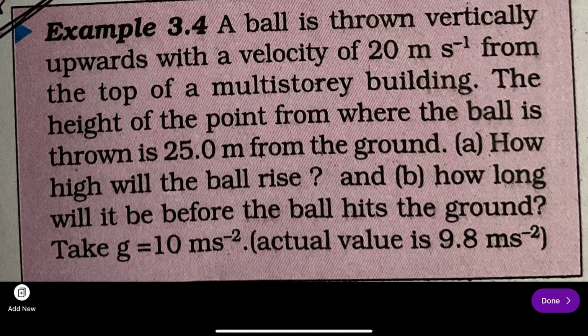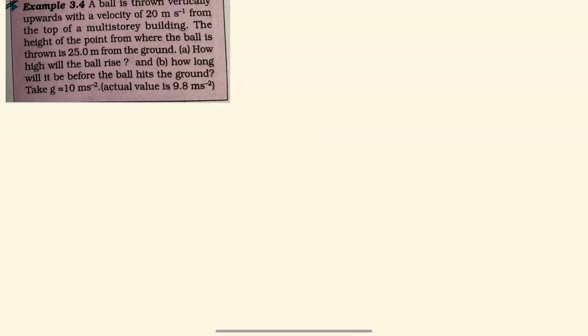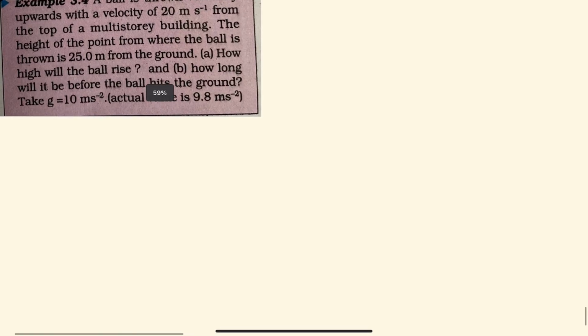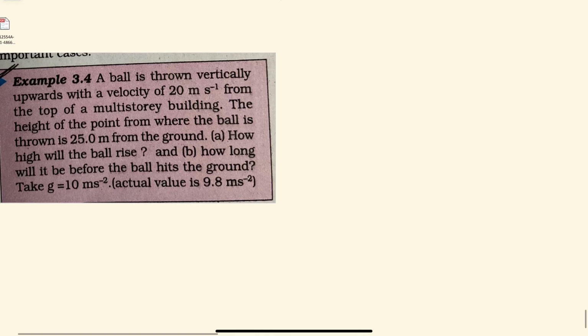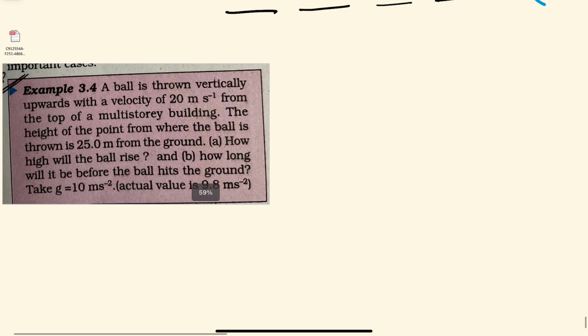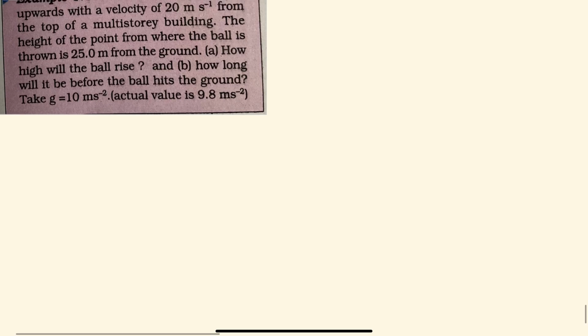Most of them, this was asked in the textbook. Yes, in the exams also a similar type of problem can be asked. So what is this? A ball is thrown vertically upwards with velocity 20 meters per second from a multi-story building.